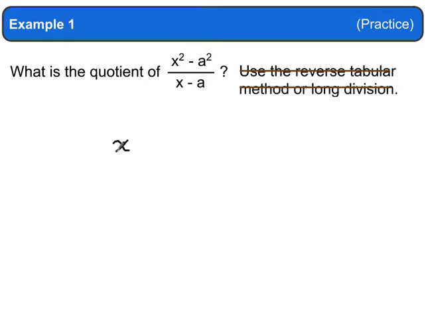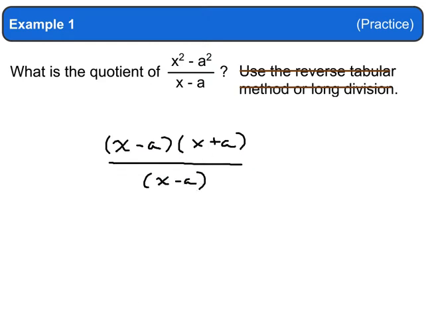That means I can factor that into x minus a and then x plus a, that's divided by x minus a, and so this one cancels this one, and then our final result is x plus a. Final answer in that particular design.